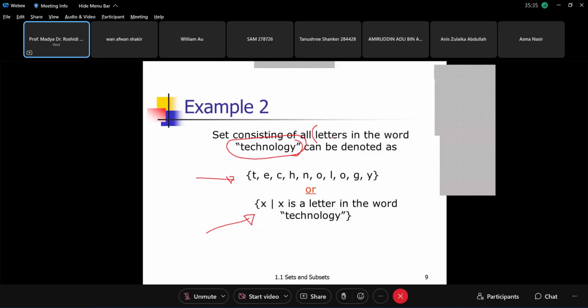We take out the main idea, so we put it as a description. That's the idea in sets. We can represent exactly letter by letter, or the description or the meaning of that description.